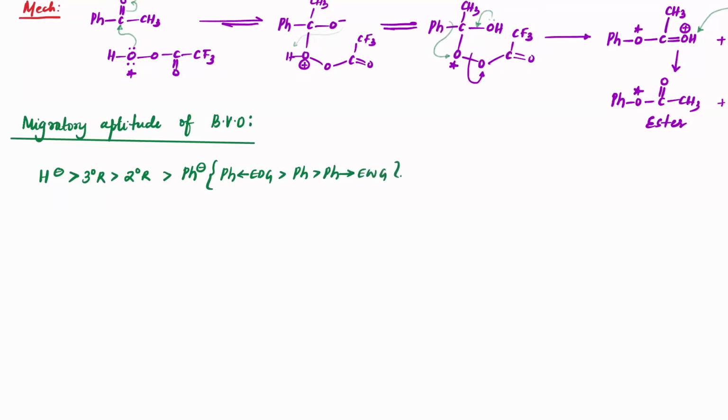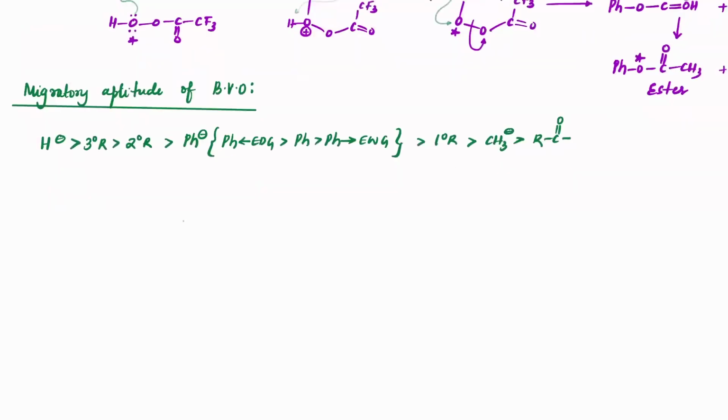And then we have 1-degree alkyl group, correct? Then we have CH3 minus, and last we have R C double bond O. This is the migratory aptitude. Clear? So let me give you some examples of how we can do this. Check.